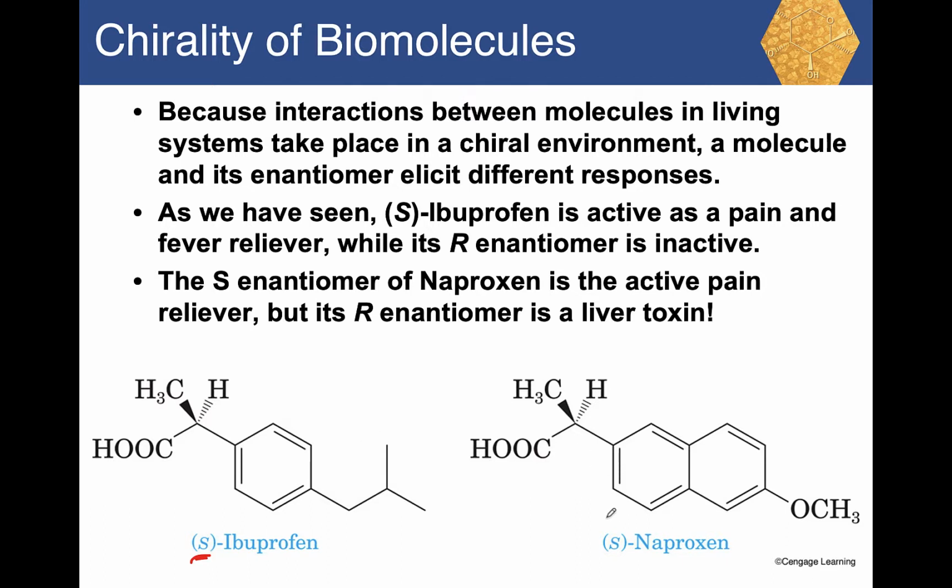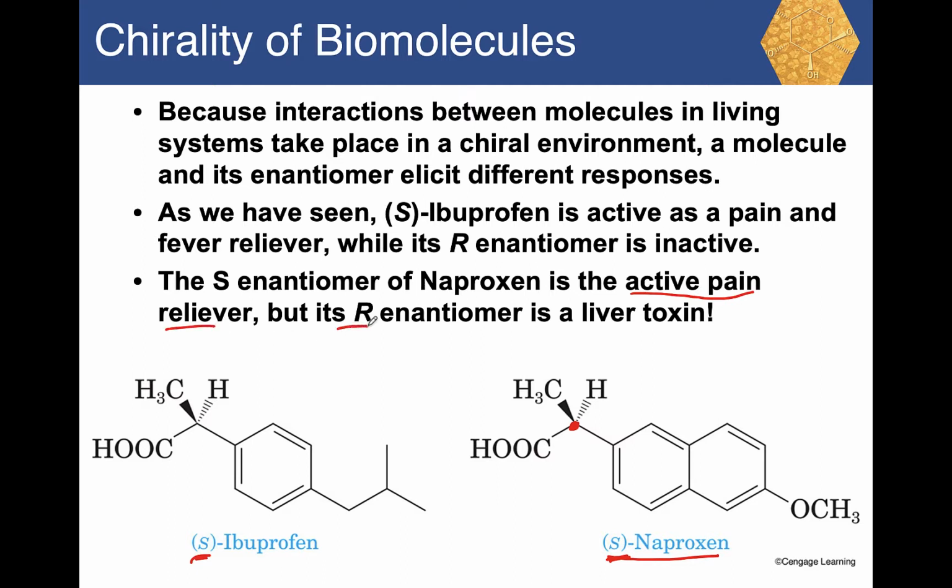Here's one of extreme importance: naproxen, again a pain reliever. Notice it has a chiral center right here. These other centers are not chiral or stereogenic, but this one is. Therefore its mirror image is the enantiomer. As you can see, the S enantiomer is the one that's active as a pain reliever.